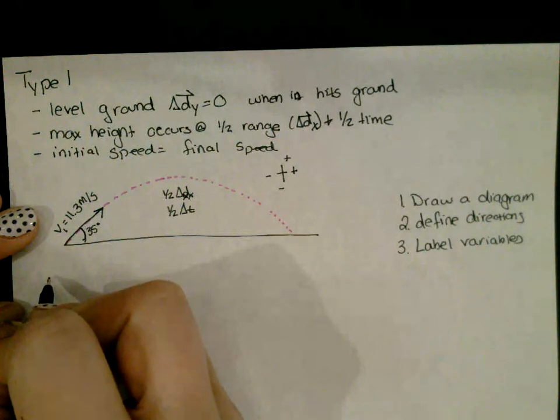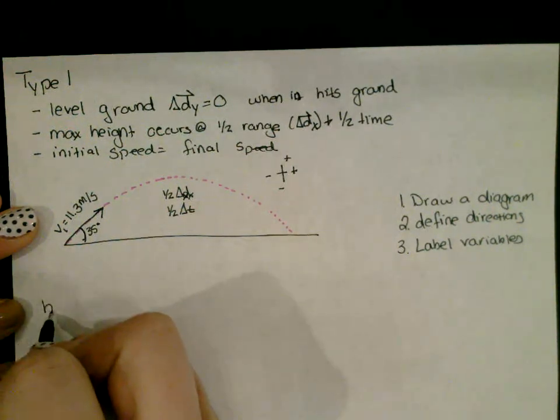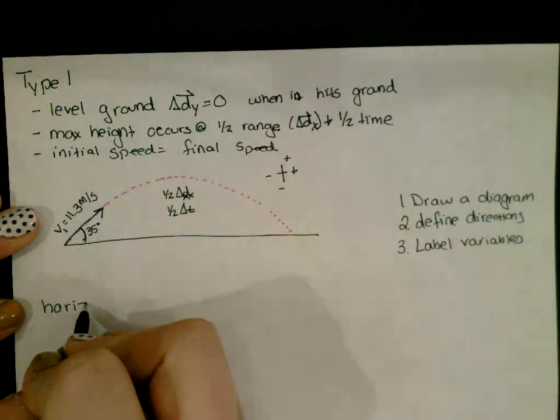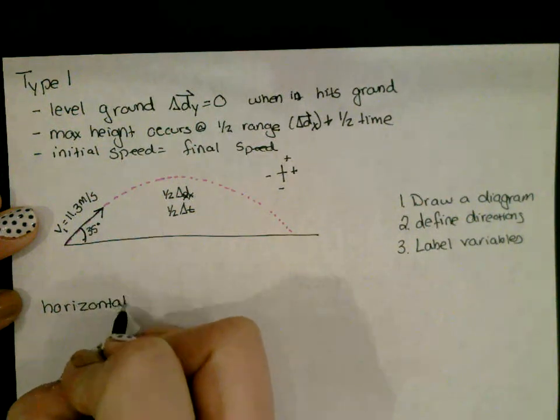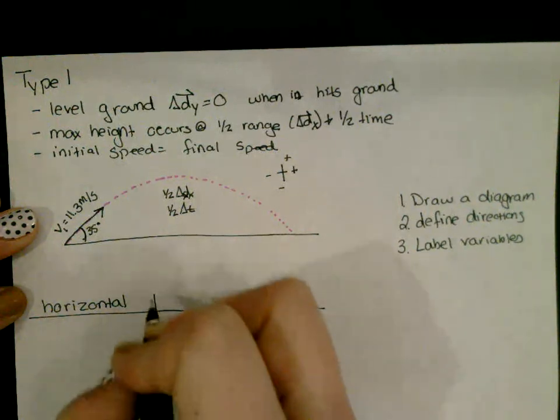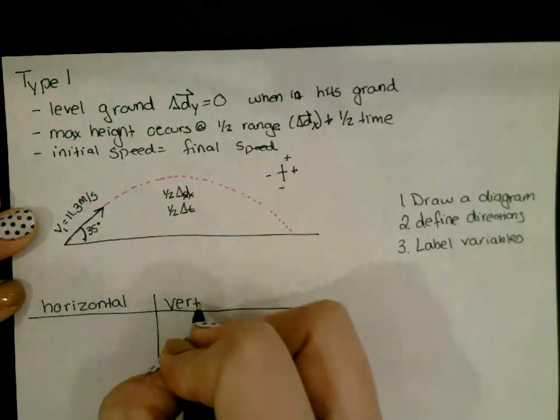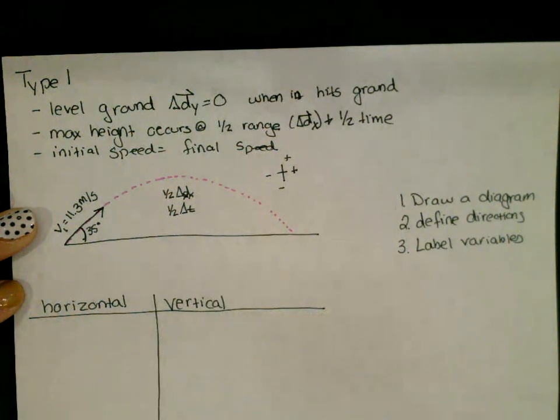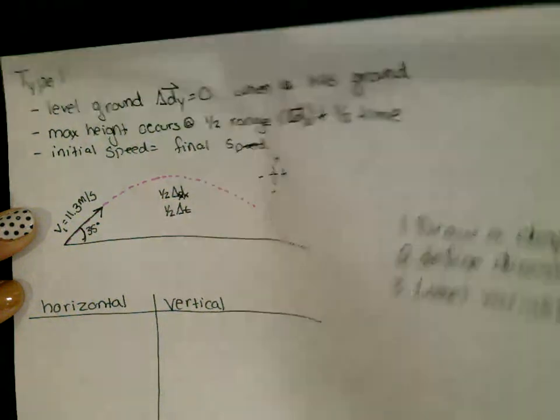I'm going to make myself a little T-chart, and I'm going to put horizontal on one side. And I think on y'all's papers, I already have this done for you. I'm going to put vertical on the other. And I'm going to list out all the horizontal and vertical variables.